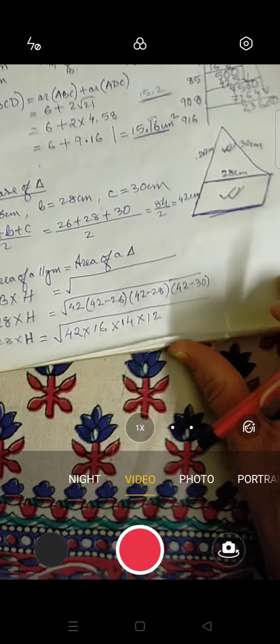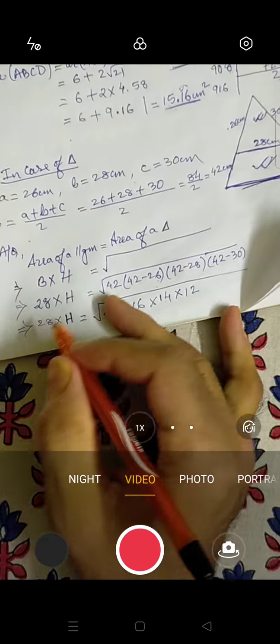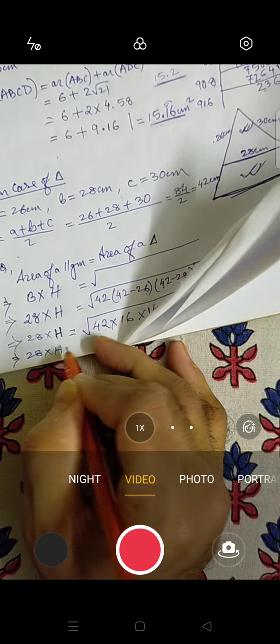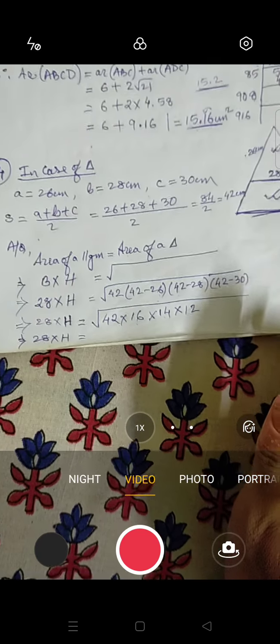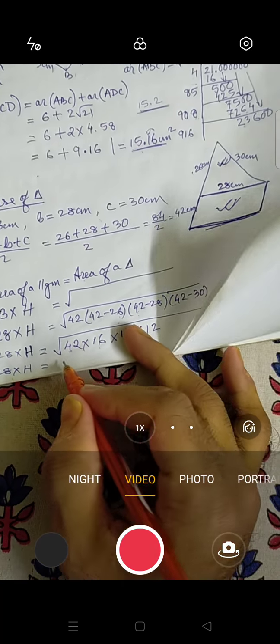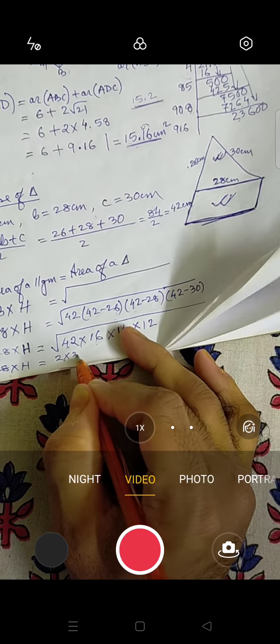Now you have to be very careful while taking the prime factorization. This is 28 into H. Now be smart. 42, if you take the prime factorization, you will have 2 into 3 into 7.